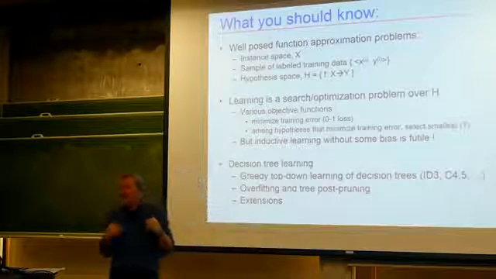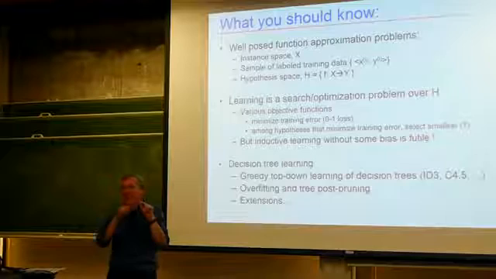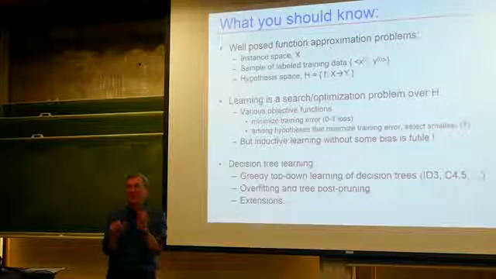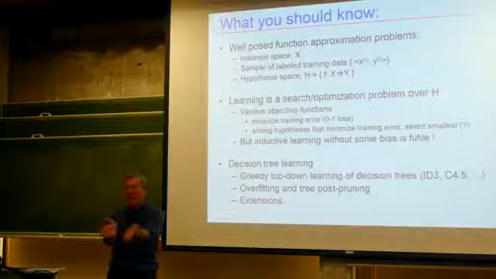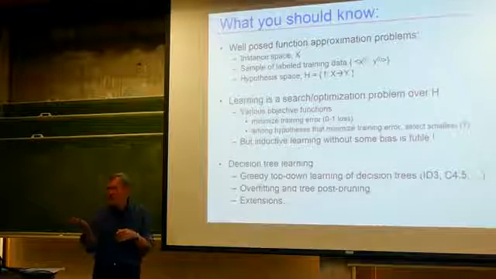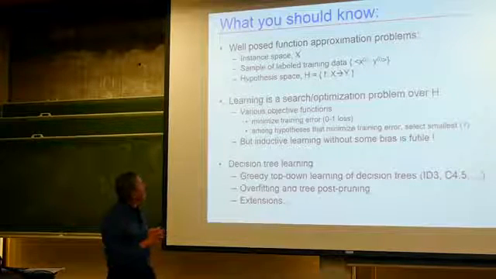For decision tree learning, it's kind of funny because the algorithm itself doesn't have a property that we can prove is being optimized when it outputs the tree, but it's closely related to the shortest tree that correctly labels the examples.